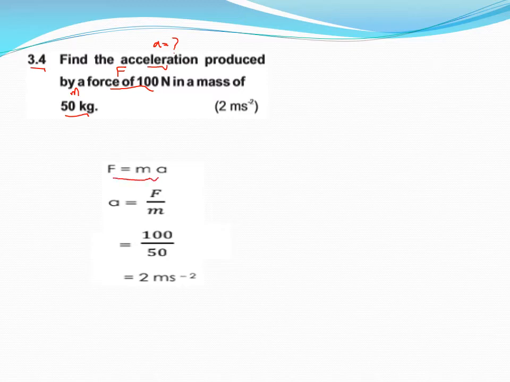F is equal to ma. So rearranging it, let's put the values, F is 100 Newton and m is 50 kilogram. So we get acceleration as 2 is the numerical magnitude of acceleration, and meter per square second is the SI unit for acceleration.